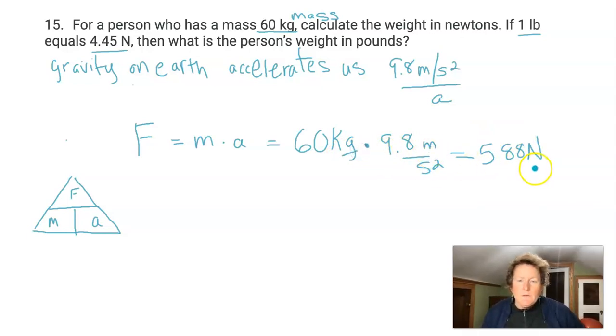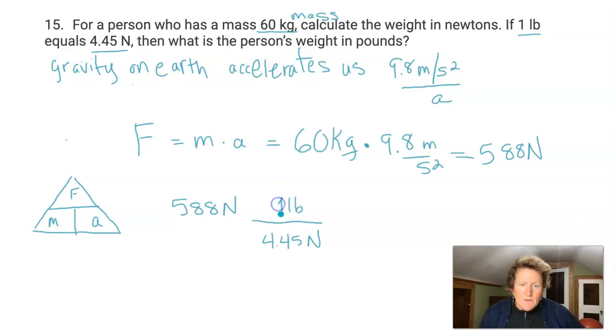That gives us the unit newtons. Now we want to convert our newtons. We have 588 newtons, and we're given the conversion factor, 4.45 newtons equals 1 pound. And so we're going to multiply by this conversion factor.